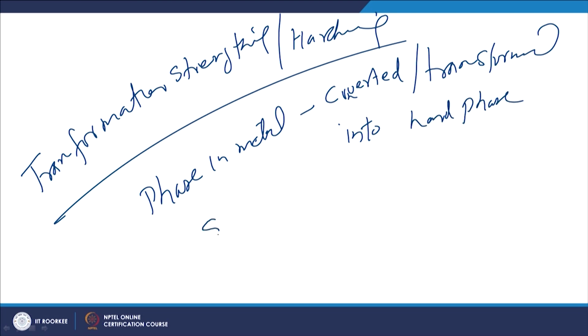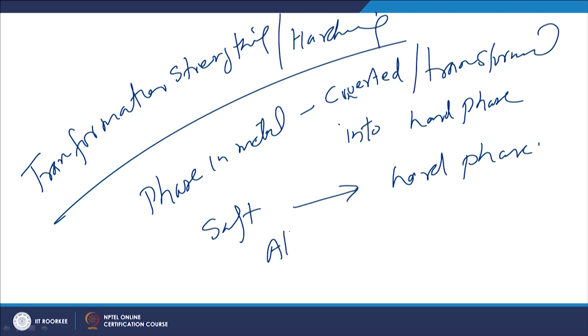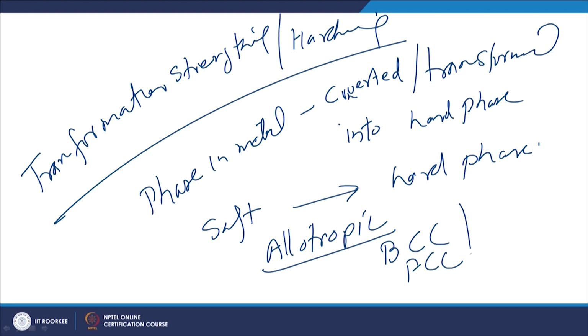So, basically the soft phase transformation into the hard phases is realized, and this is more commonly used in the metals which show the allotropic behavior. Like say initially the metal may be in the BCC crystal structure or FCC crystal structure, and when these are transformed in very controlled way they may have the BCT structure or HCP structure.